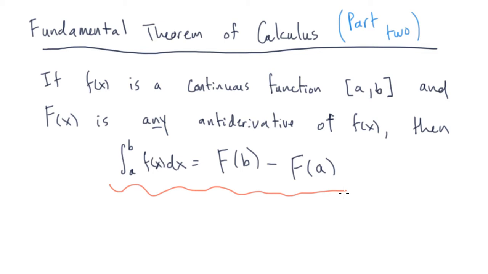It doesn't matter. Just find a function whose derivative is little f of x. Then all you have to do is evaluate that function at the upper limit of integration and the lower limit of integration and take the difference. It is truly remarkable and very unexpected.